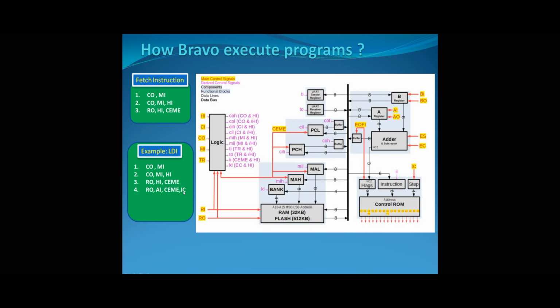Now, the final step really would be to load something into our A register, and that's going to be from the immediate next memory address, and that's the meaning of LDI, right? So LDI means load a value from the immediate, or immediate next, memory address into our A register.